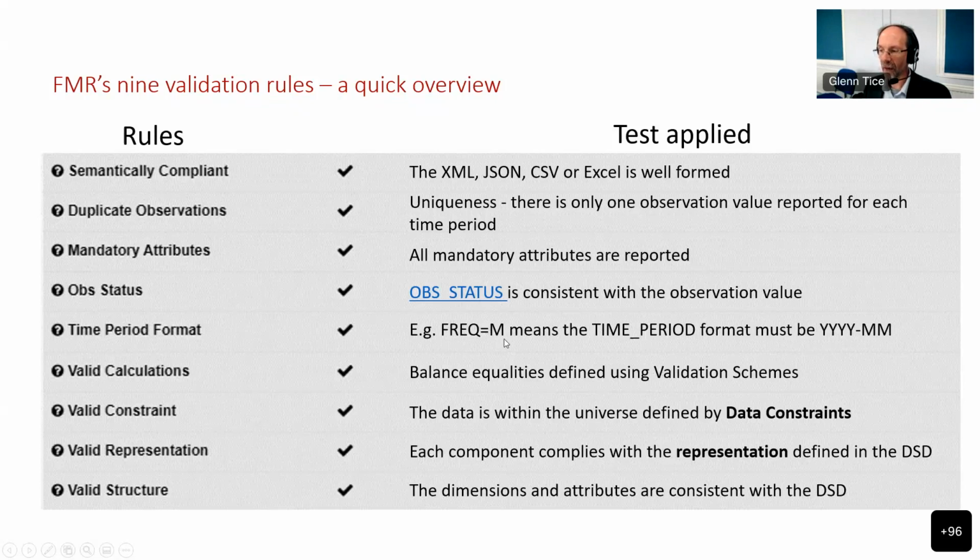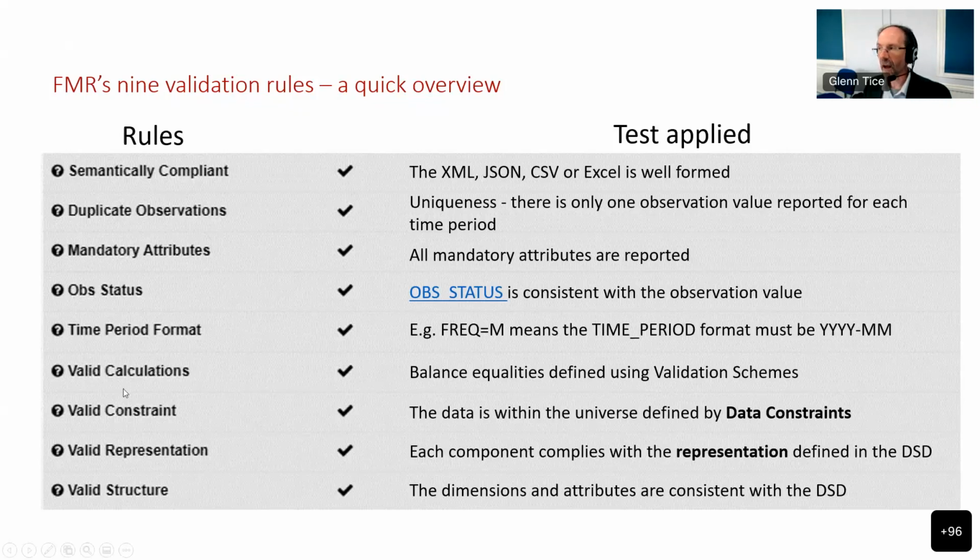So if frequency is M for monthly, it means that time period must be in the format YYYY-MM. Similarly, obviously with the additional formats in terms of annual, weekly, quarterly, and so on and so forth. So consistency between the frequency dimension and the actual reported time periods.